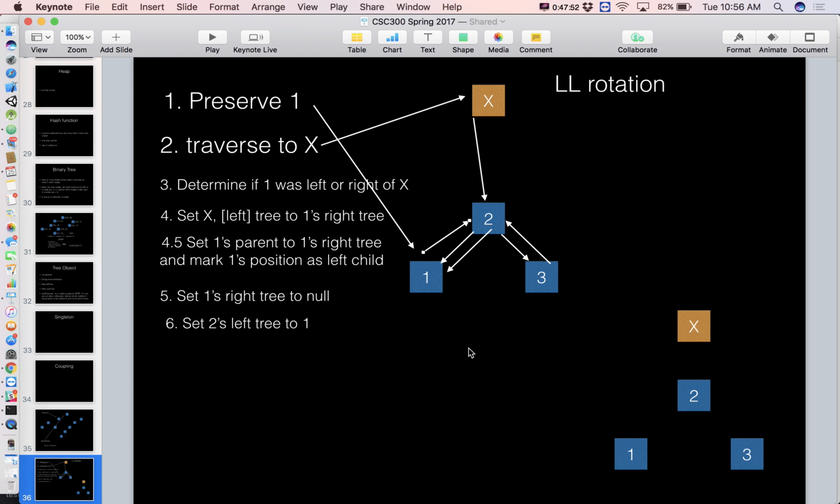All right, so now we still have 2 that thinks that 1 is its parent. So what do we need to do? So we set 1's right tree to null. We set 2's left tree to 1, so that makes this pointer. But 2 also thinks 1 is still its parent. So what's the last step?